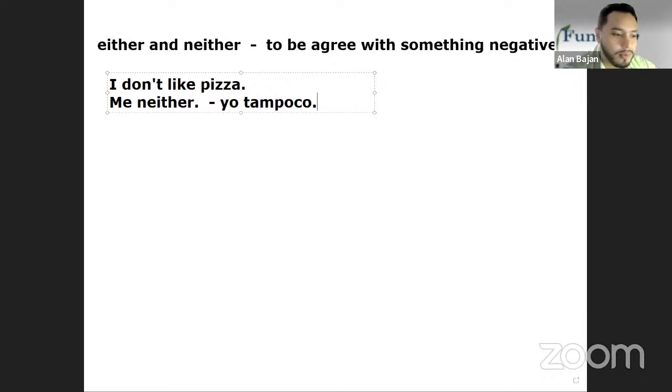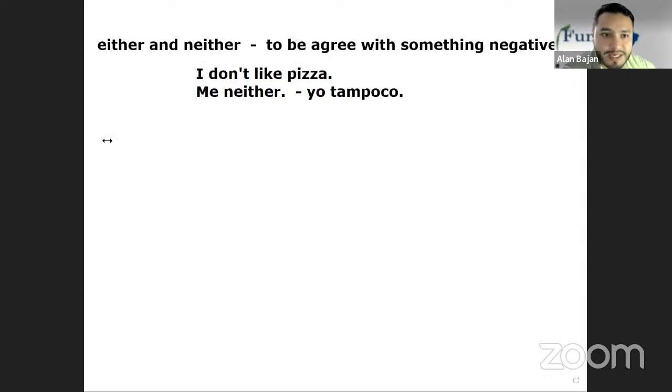And also, we can use either with other functions, right? We can use either to indicate that all the options are good, all the options are correct.